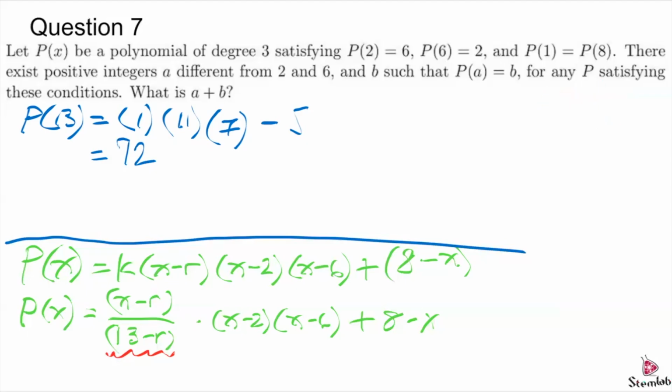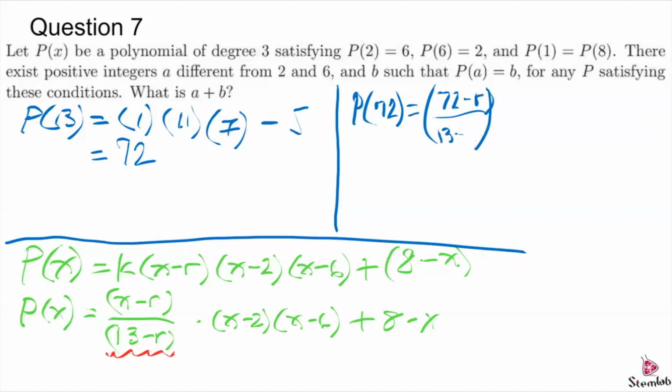Okay. So P of 72 will be equal to 72 minus R all over 13 minus R times 70 times 66 minus 64.